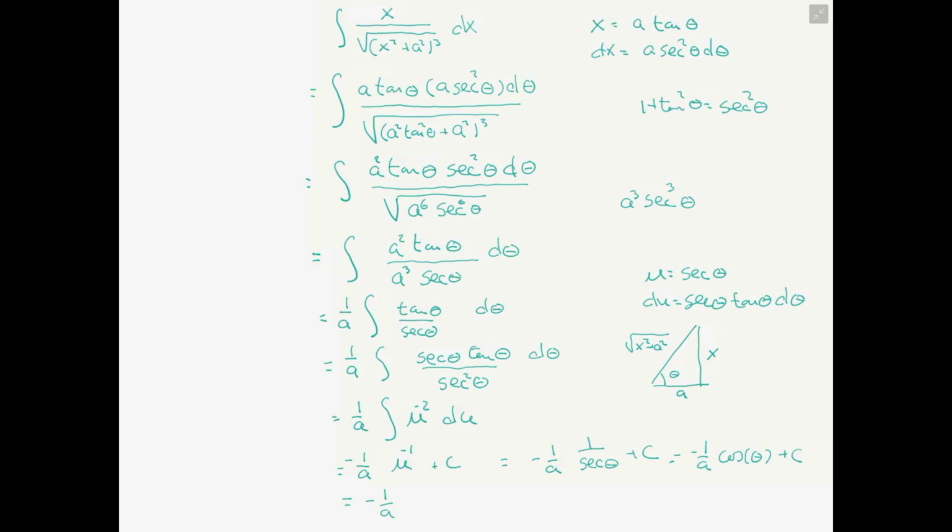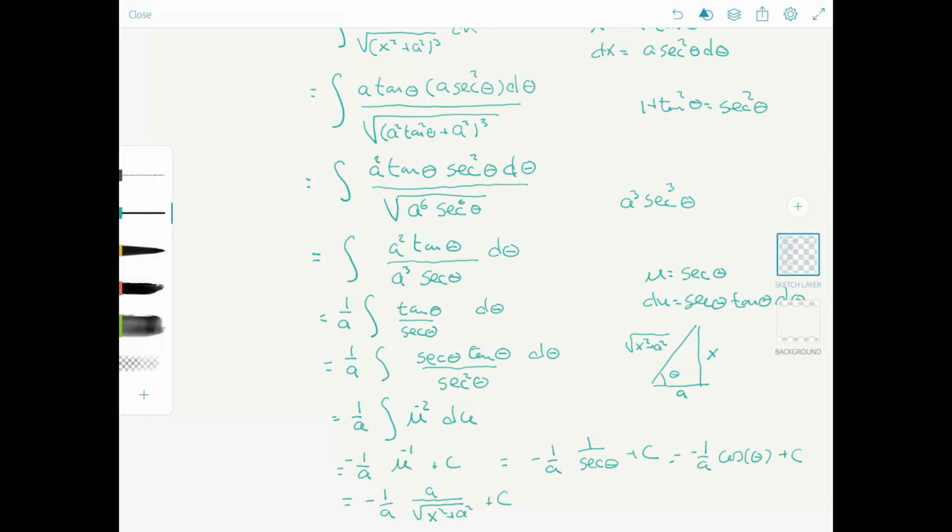But those a's cancel out, and we can rewrite the whole answer to be minus 1 on the square root of x squared plus a squared plus c.